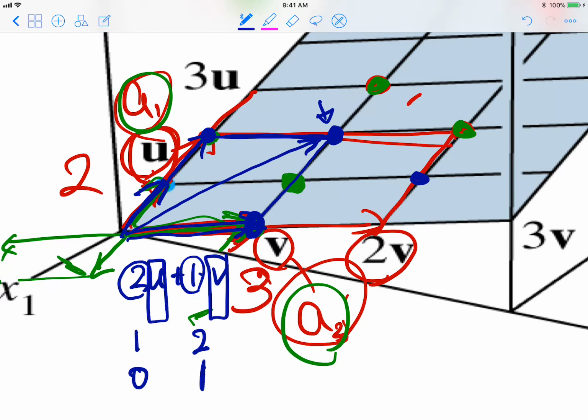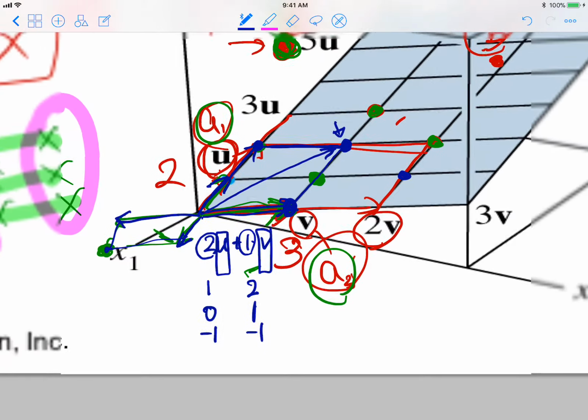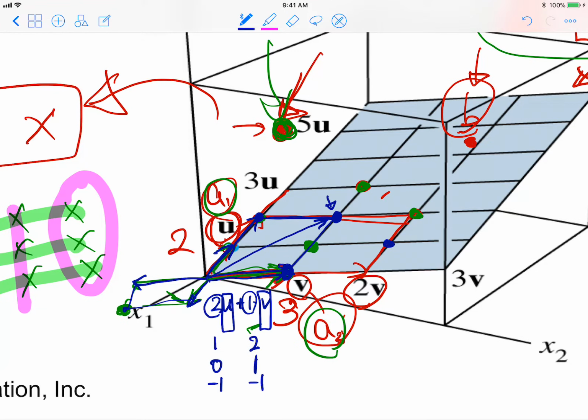And what if we use -1 and -1? It actually reverses the vector direction, but still we can form this parallelogram. Collecting all these points, we can now see that they form this flat plane, spanned or stretched by these two ingredient vectors.